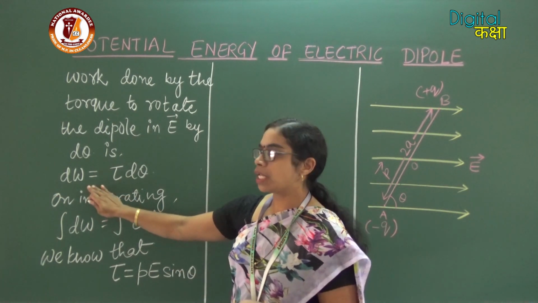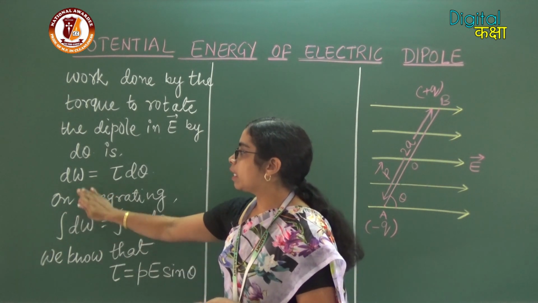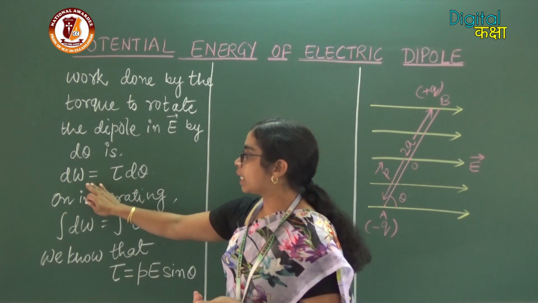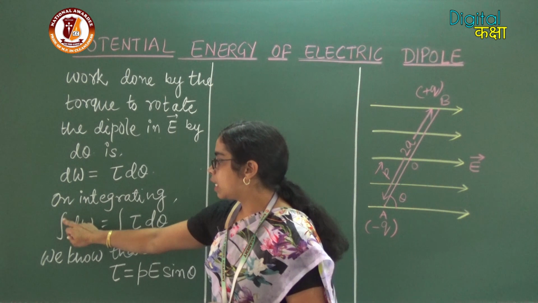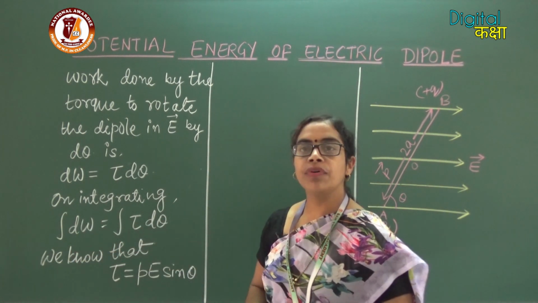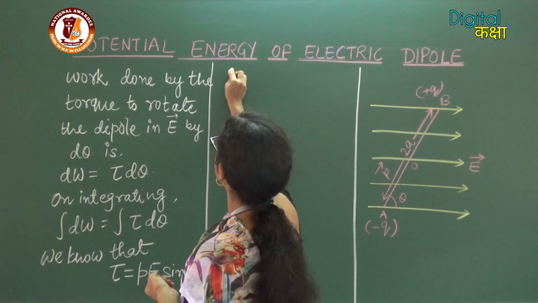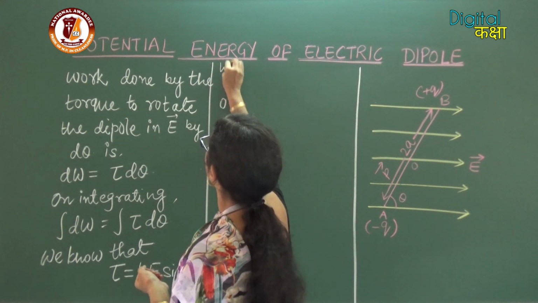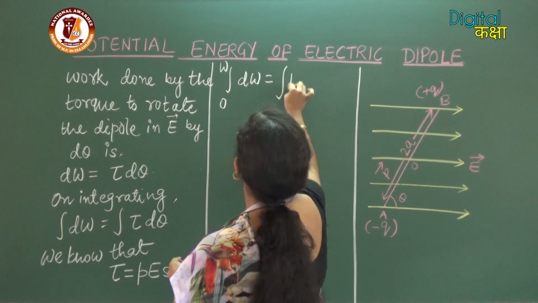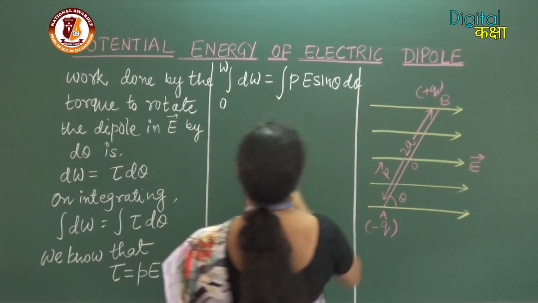So from this expression, in order to get the value of the work done, we are supposed to integrate on both sides of the equal sign. On integrating, we get the integration of dW is equal to integration of tau d theta. Integration of dW is equal to integration of PE sin theta d theta.